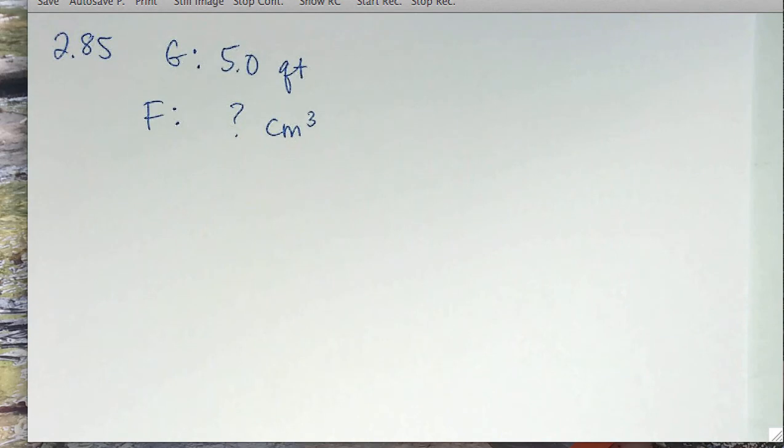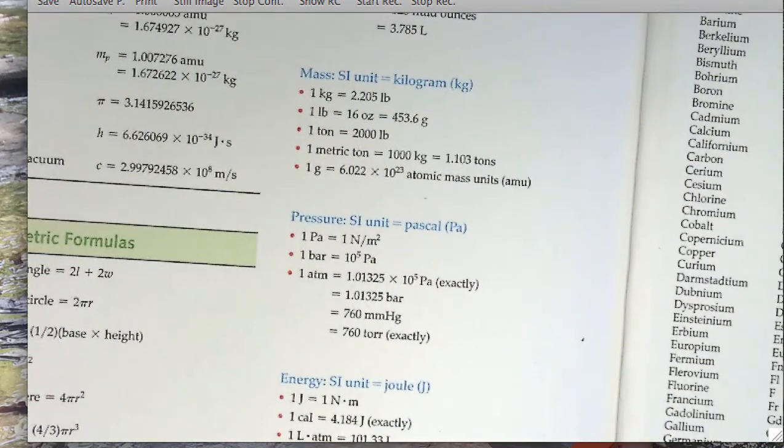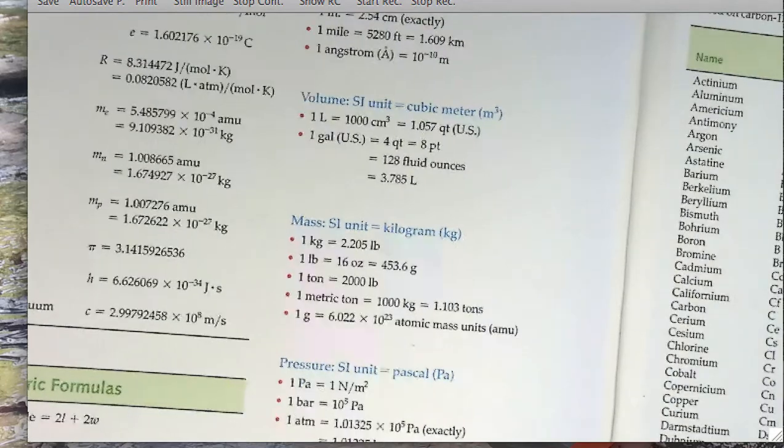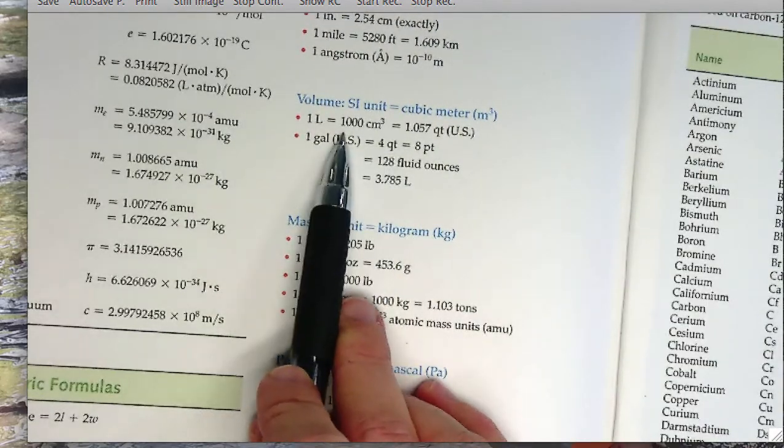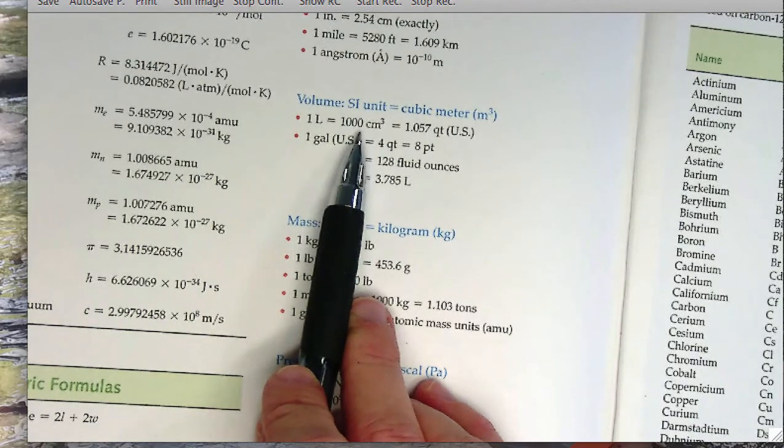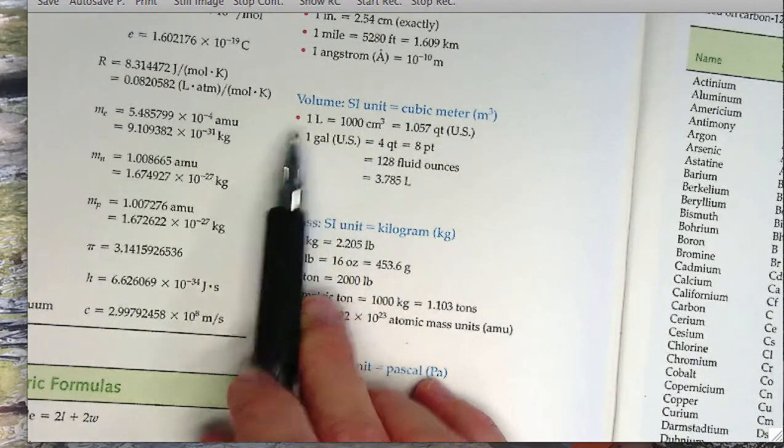So what was the conversion factor you used? 1 ounce is 30 cubic centimeters. Is that right? Yeah, you can use that one. Or in the back of your textbook, there are conversion factors for volume. So you see the quart, and then you also see cubic centimeters.